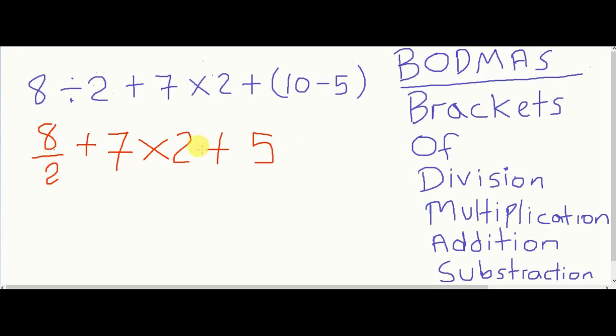Now I'm going to look over here and see what I should do next. Here I have plus, multiplication, and another plus, and I also have a division. I have 8 over 2 here.